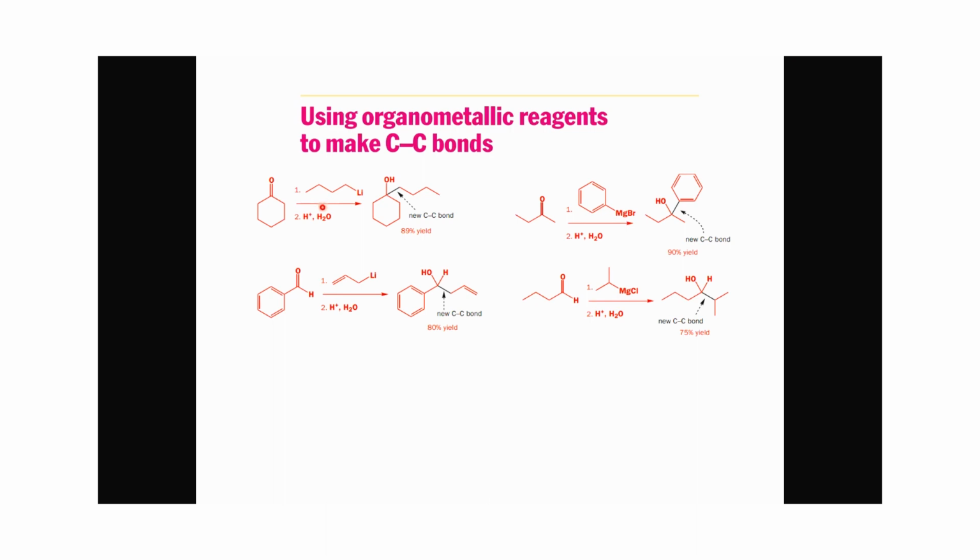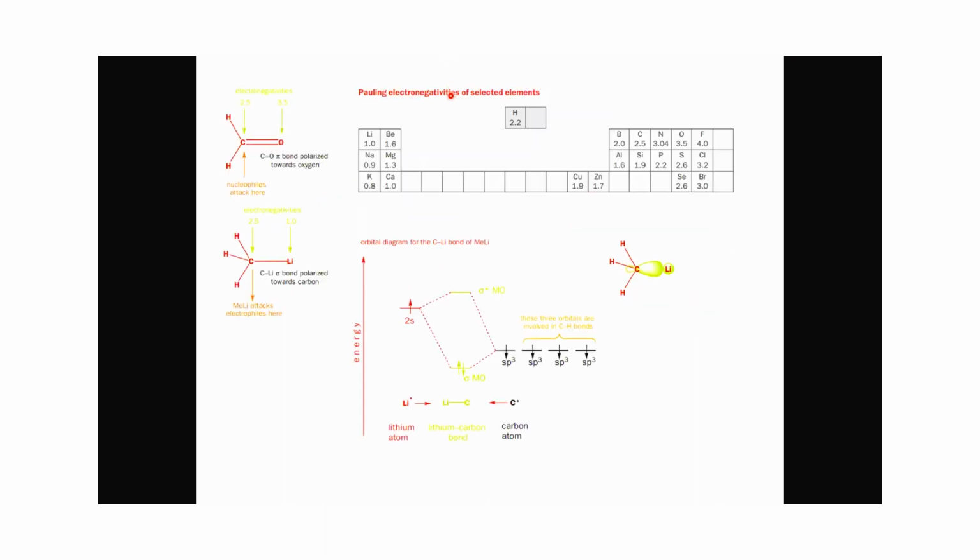Now, coming to this, this is a table of the electronegativity of selected elements. Here we could see that fluorine has an electronegativity of 4, oxygen has 3.5, like that. Now, when we consider a particular carbon metal bond, let us say the C-Li sigma bond, this bond is polarized towards carbon.